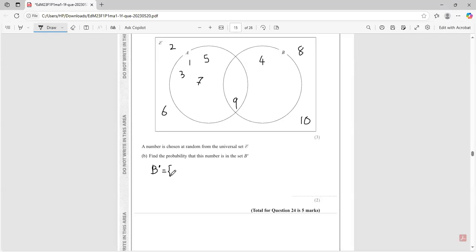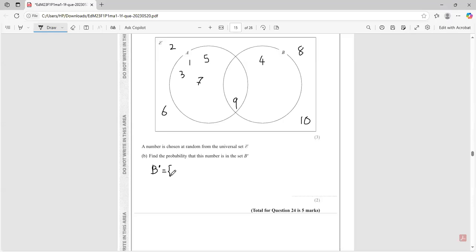Okay, so it's not only B now, but it's the complement of B. Now, complement of B means what? The complement of B is those things that are in the universal set that are not in B. Okay? Those things that are in the universal set that are not in B.